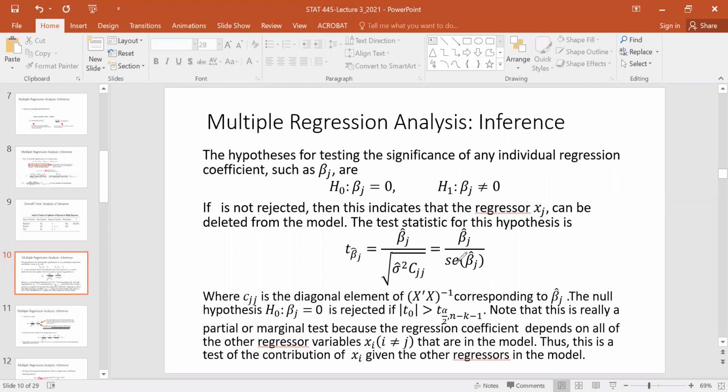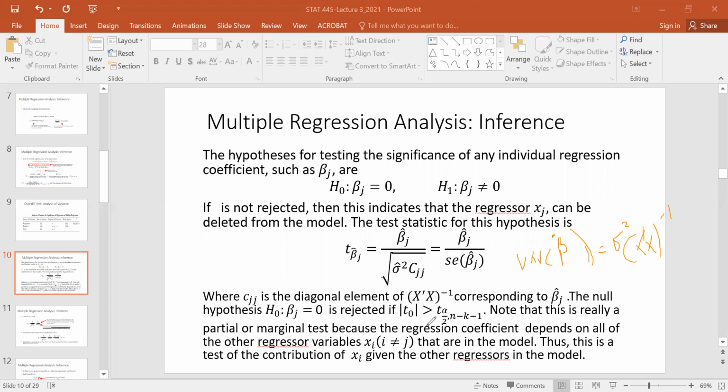We've seen this in earlier lectures where we derived the variance-covariance matrix, sigma squared times X transpose X inverse. If you are looking for an individual j, you pick the corresponding diagonal element from this matrix.